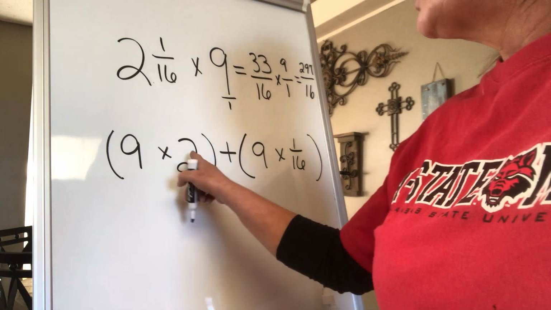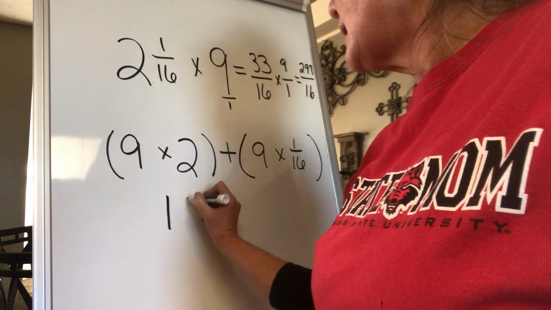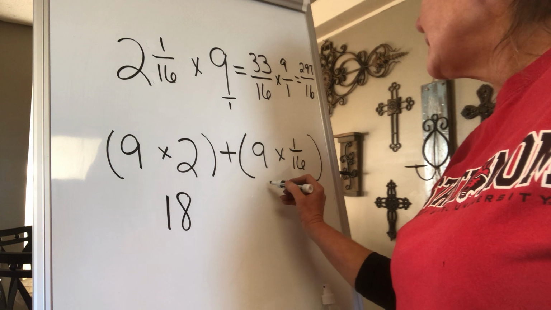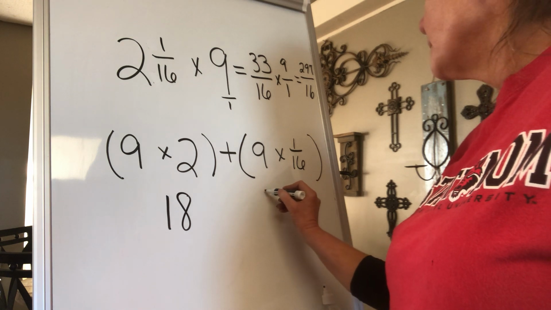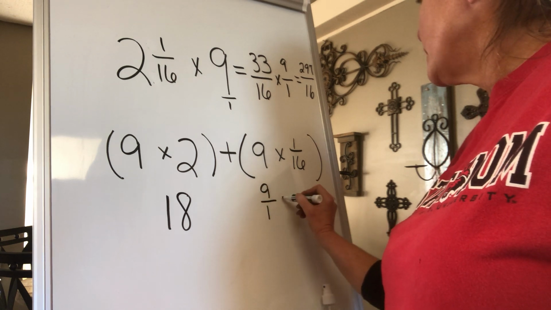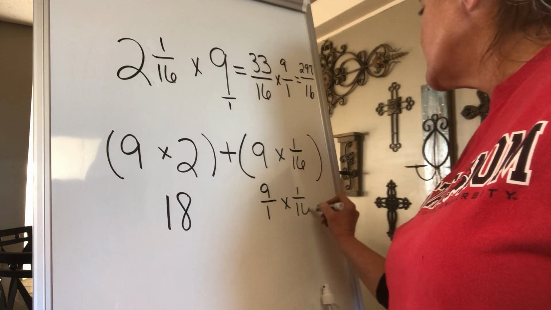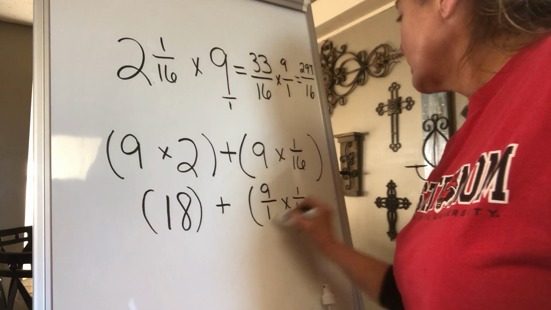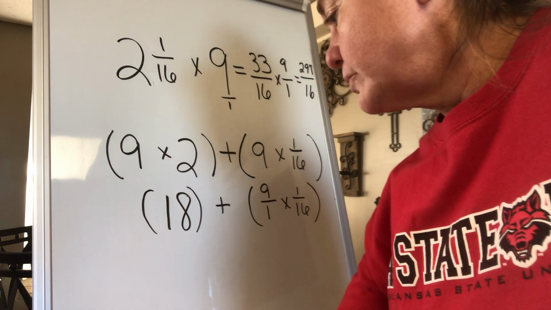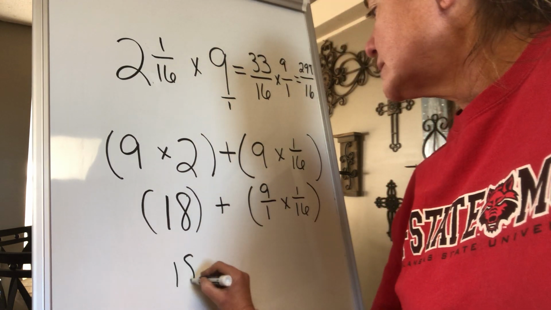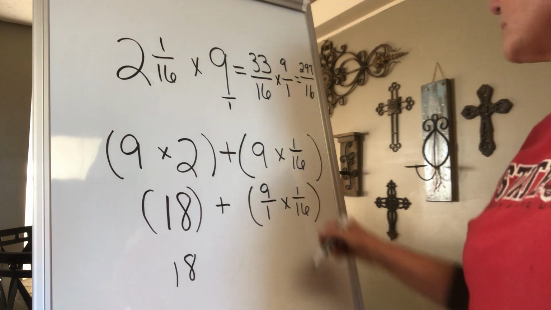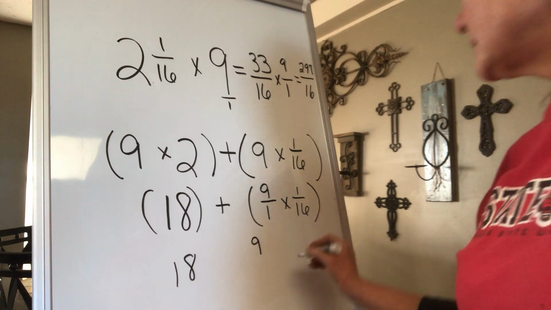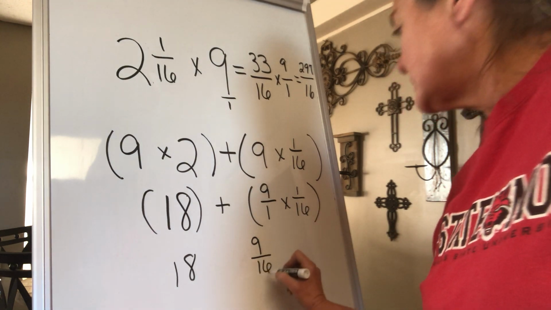So if I multiplied 9 times 2, I would get 18. If I multiply 9 times 1/16, I would have 9 over 1 times 1/16. So we would still bring that down. 9 times 1 is 9. 1 times 16 is 16.